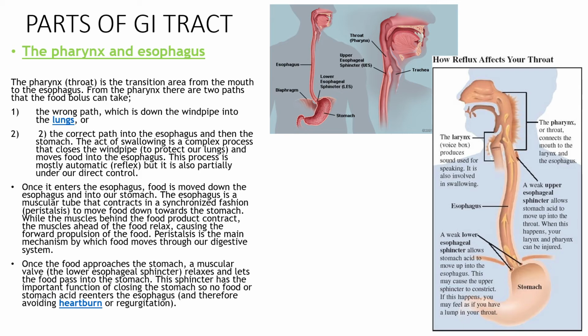It pushes the bolus down the esophagus. It permits the entry of bolus into the stomach. It lubricates the esophagus for smooth passage of the bolus. Here we have two diagrams. The first one shows the parts of the pharynx and esophagus, and the second one shows the reflux effect that occurs due to indigestion in our stomach.